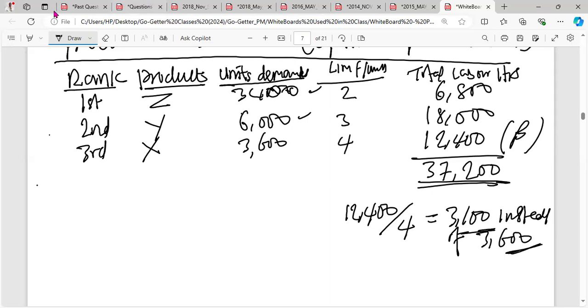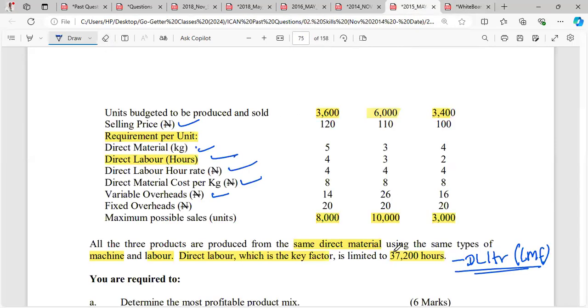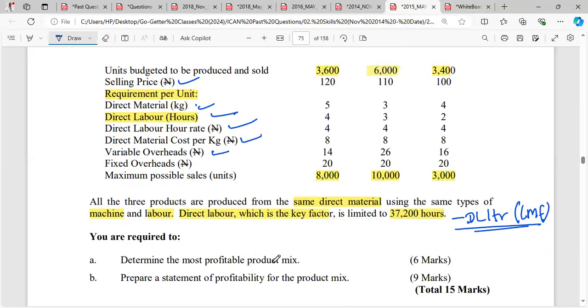Because you have written it in pencil, you can easily clean it off and put 3,100 times 4 will give you this. Now this is the first part of the question, A part done.